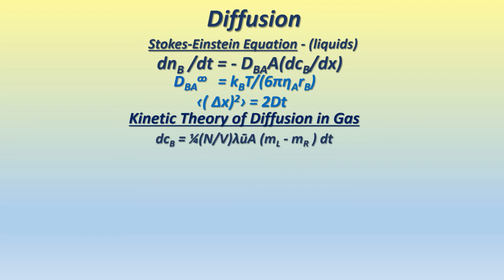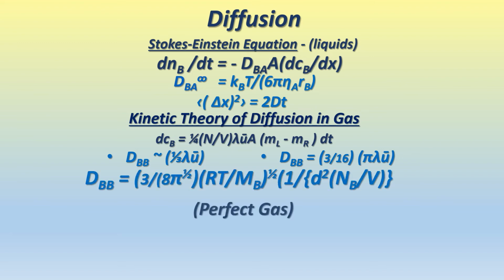From the kinetic theory of gases, for a single component gas, the diffusion coefficient becomes approximately 1/3 the mean free path times the velocity, specifically 3 pi/16 times the mean free path times the velocity. So for a perfect gas, the diffusion is as follows.